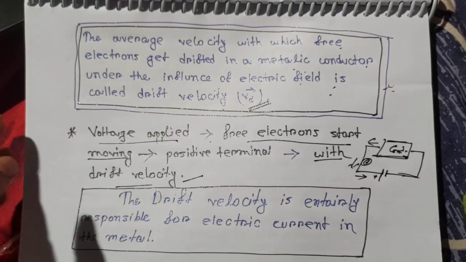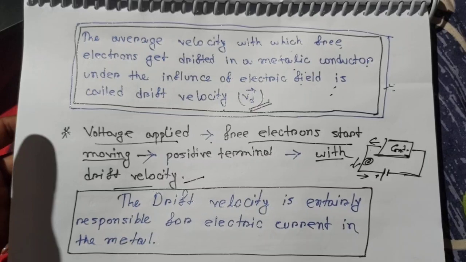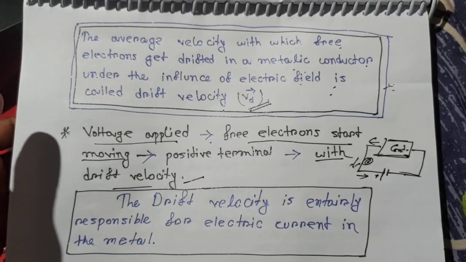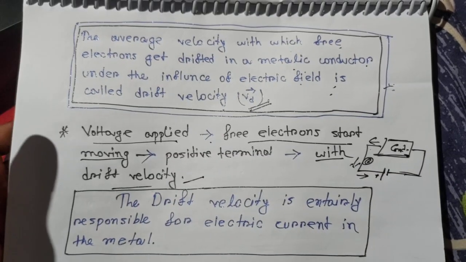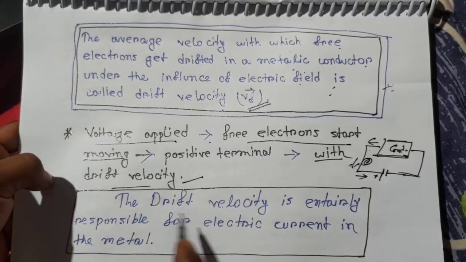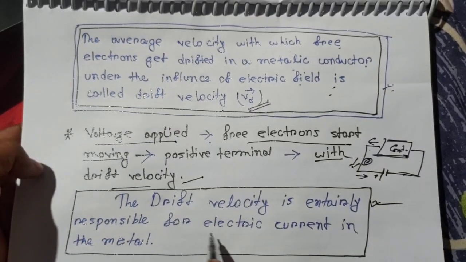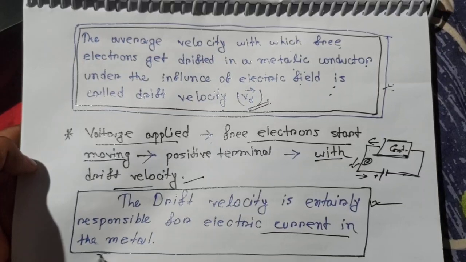Drift velocity is always greater than the random motion of free electrons in a metal body at normal condition. So the drift velocity is entirely responsible for electric current in the metal.